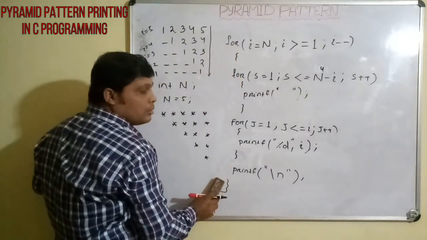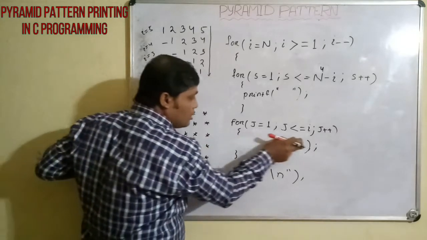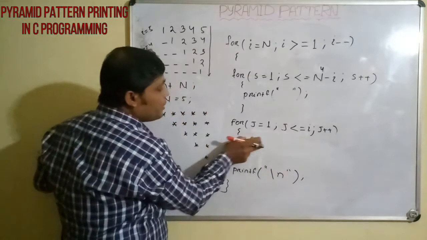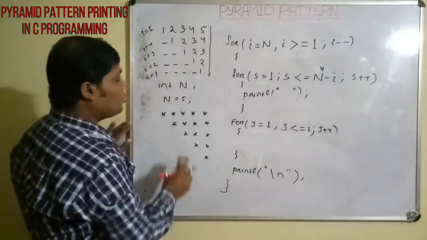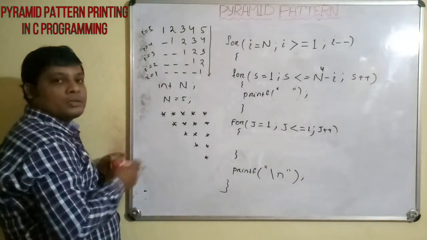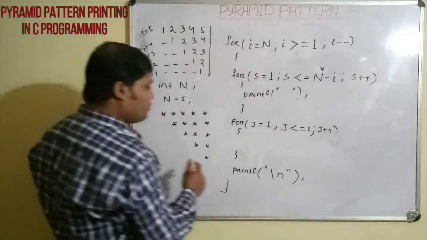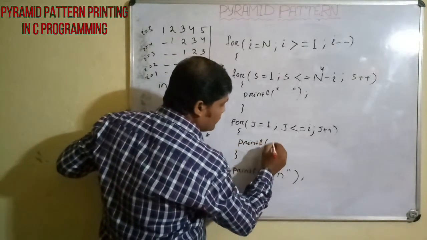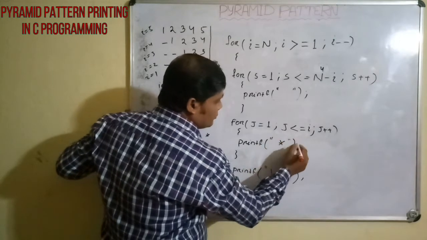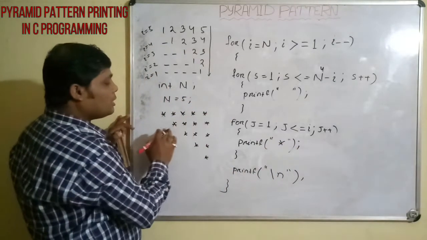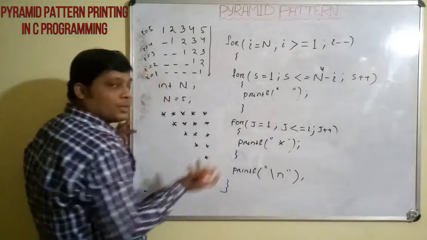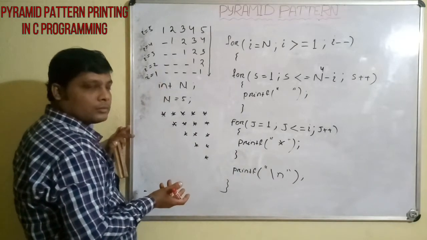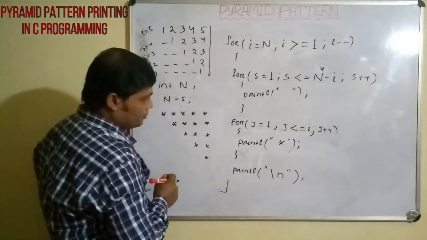No need to change the loop part, only the printing part changes. Instead of printing I or j, we have to print what? Star. We have discussed this in previous videos. Same way, print a star. If it is $, you can print the dollar sign.